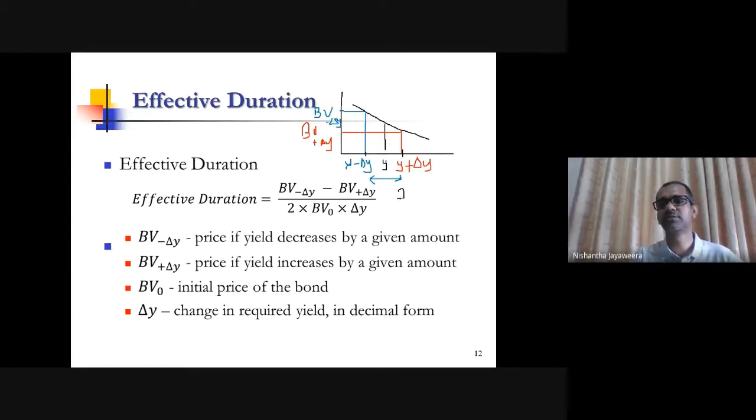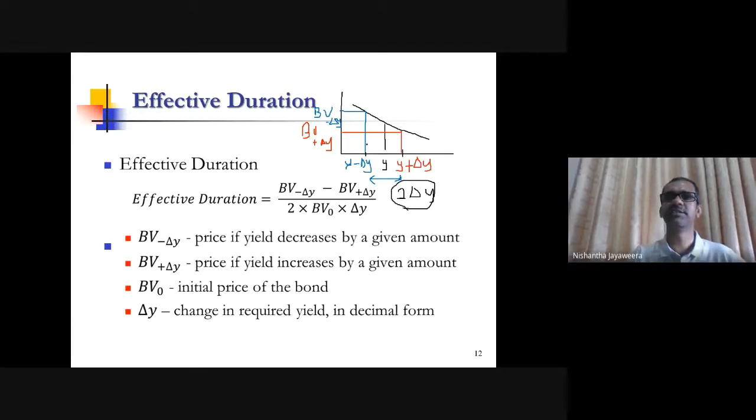It is 2 times delta y, because say this is 10 basis points and this is 10 basis points, it's 20 basis points from here to here. This is the total yield change, and this is the total price change.